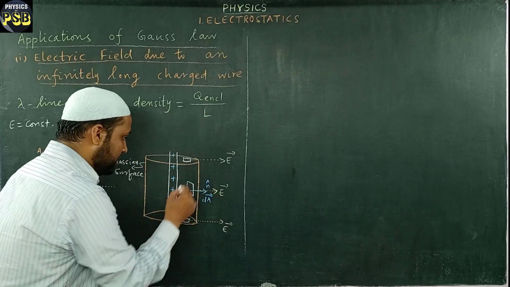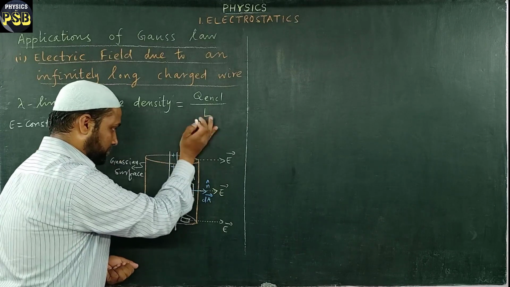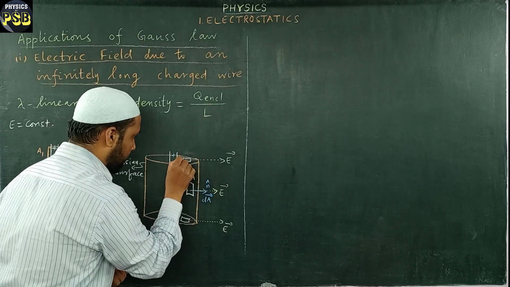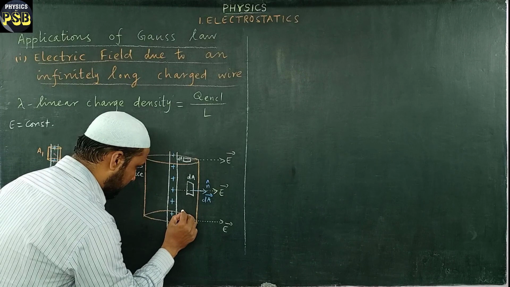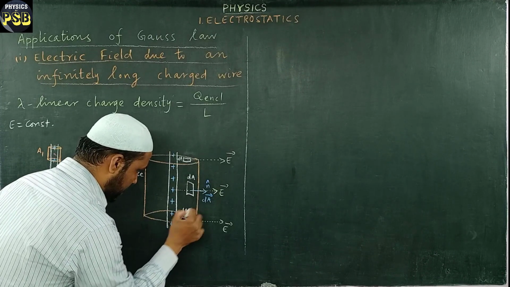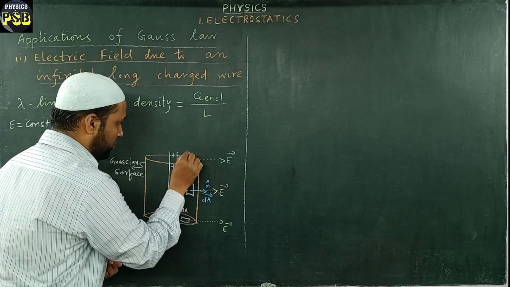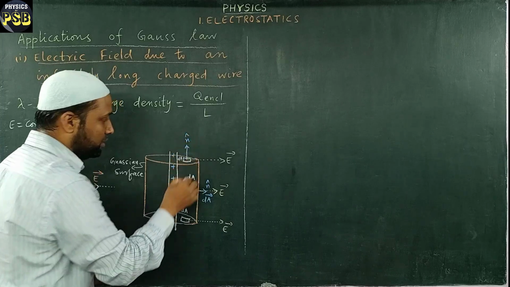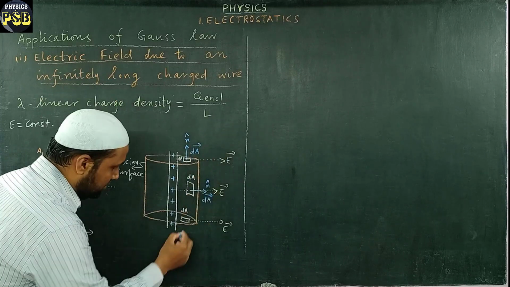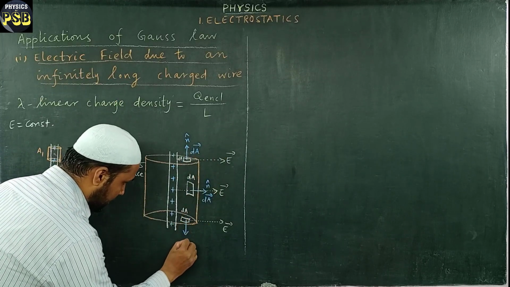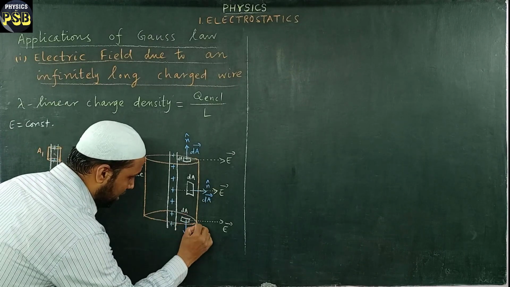Here dA is the area element, the same here as well. We follow the same method for the other surfaces: we draw a normal n cap, which represents the direction of the area element dA vector.